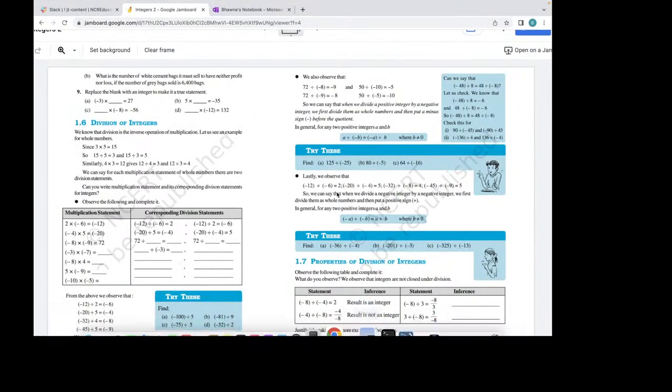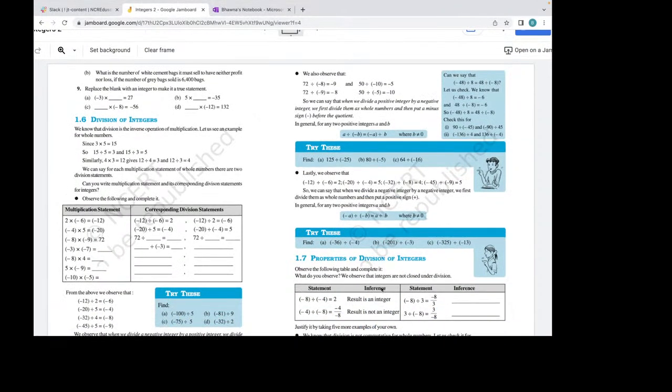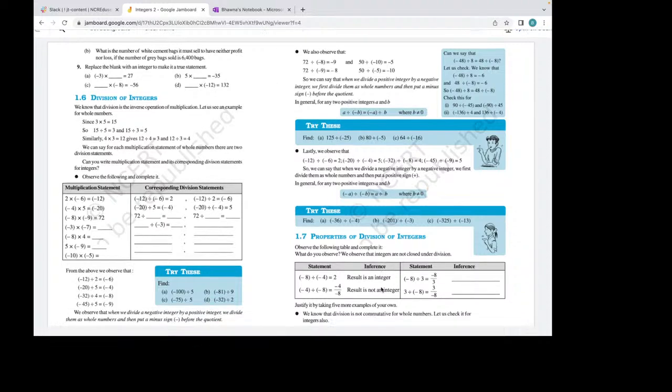Okay, now let's learn about properties of division of integers. As we have learned about the properties of multiplication, we have also studied associative, commutative, closure property. So, is 4 divided by 8 equal to 8 divided by 4?